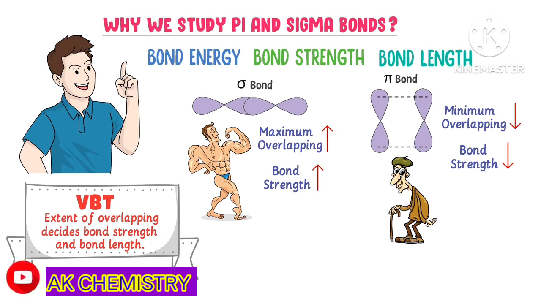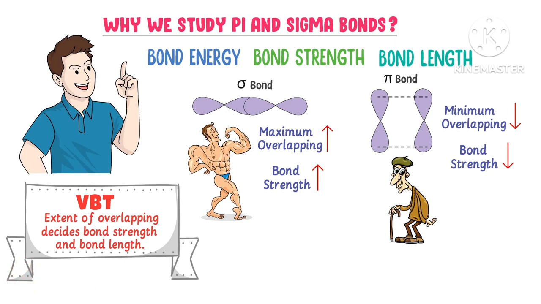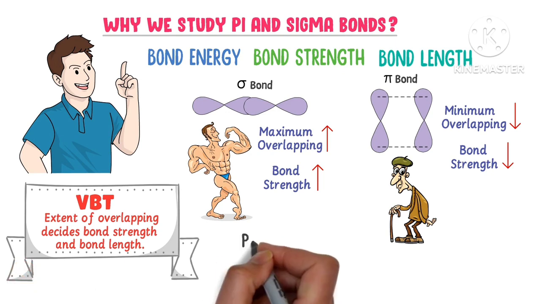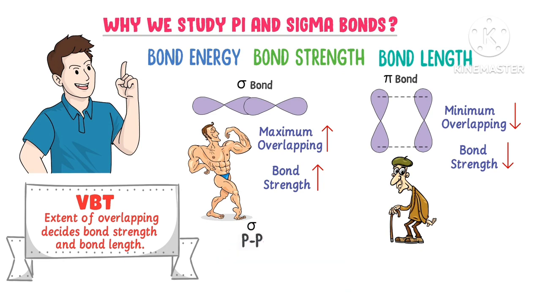Also, let me teach you the bond strength, bond energy, and different combinations of atomic orbitals. For example, in head-to-head overlapping of two p orbitals or sigma bond between two p orbitals, there is maximum overlapping. So it forms the strongest bond, or it has high bond strength or high bond energy.